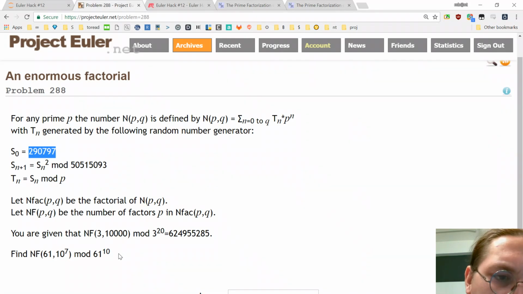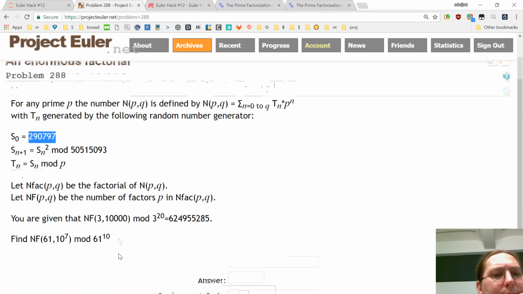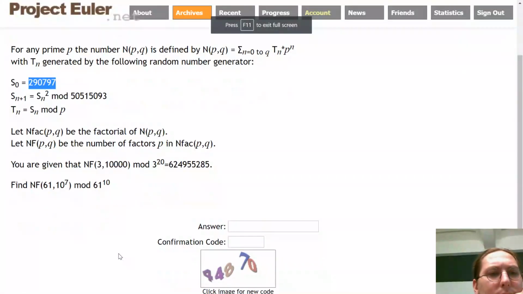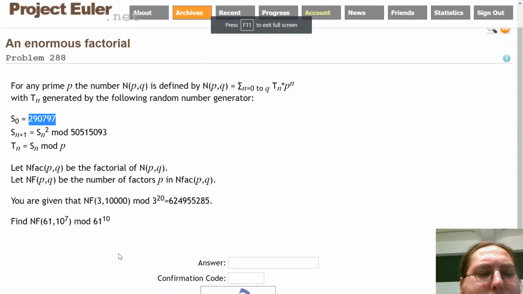And then nfac is the factorial, and nf is the number of factors p in nfac. So you need to have the factorial of n. That's the question.